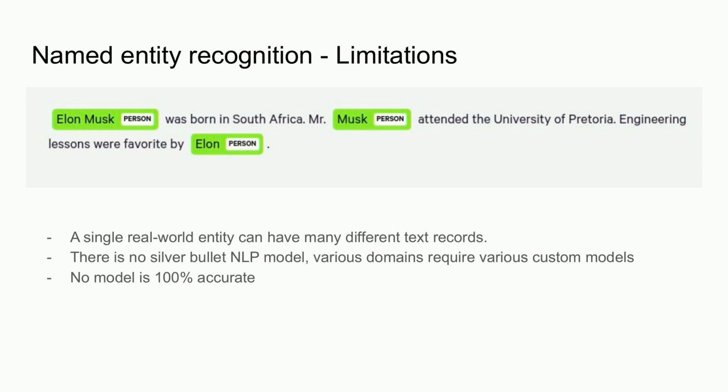And as anyone who's dealt with machine learning or NLP knows, no model is 100% accurate. Even when I was preparing this example, in the third sentence, if I switched the words and started the sentence with Elon, like "Elon's favorite lessons for engineering", then Elon was not recognized as a person. So the spaCy model that I used here didn't recognize Elon as a person. So you kind of have to take that all into account.